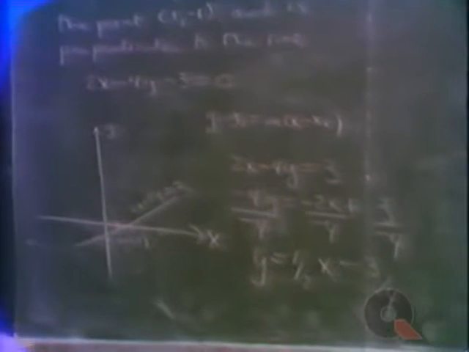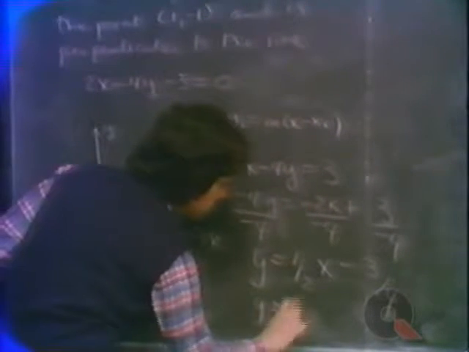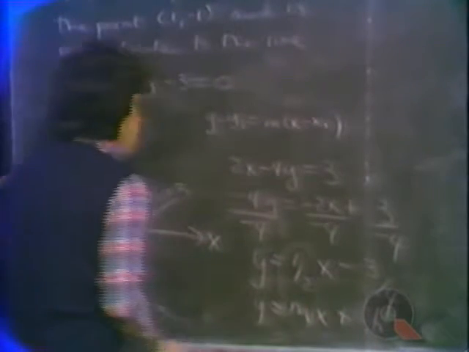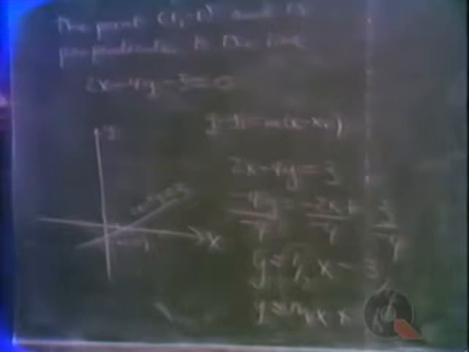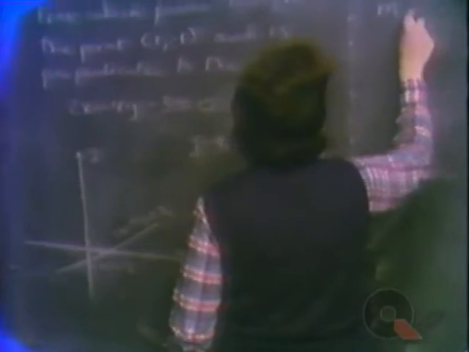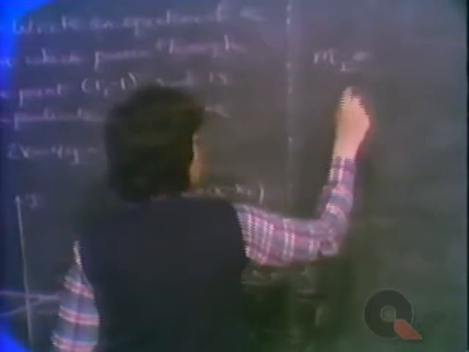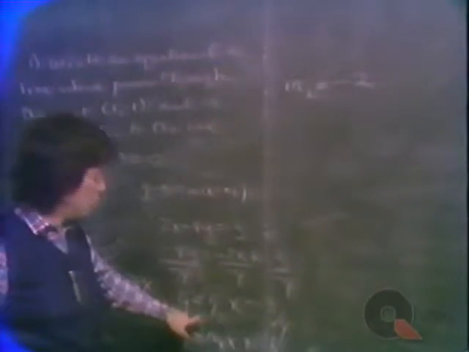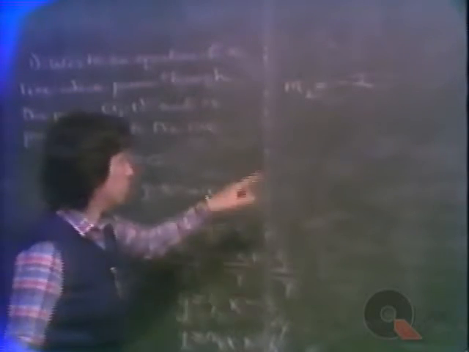From this, matching it up to y equals mx plus b, we see that the slope of the original heavy line is 1/2. Therefore, the slope of the dotted line, which is perpendicular to it, is minus 2, the negative reciprocal of 1/2. So the slope of the dotted line is minus 2.